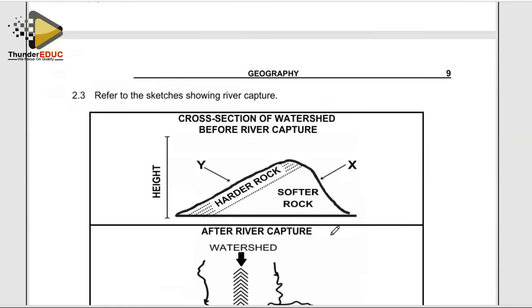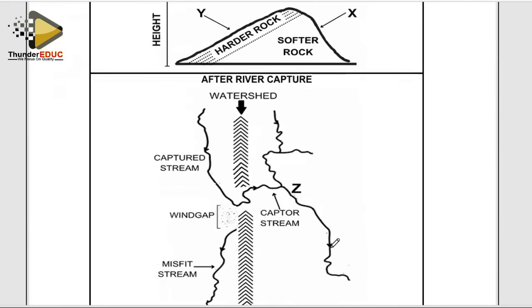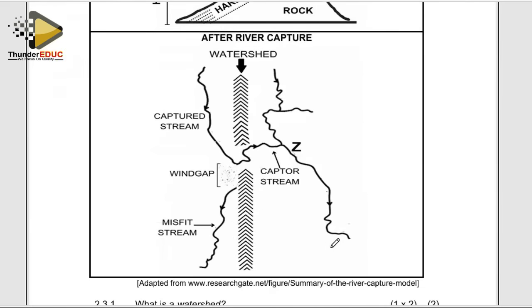Let's go to number 2.3. Question number 2.3 says, refer to the sketches showing river capture. There's a cross-section of watershed before river capture. There's a harder rock along Y and softer rock on X. And then there's a height there. After river capture, we are seeing that this is a captured stream and then a misfit. So the implication is before river capture, this stream was continuing like that.